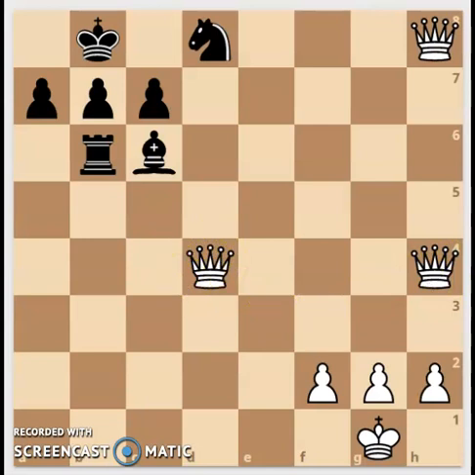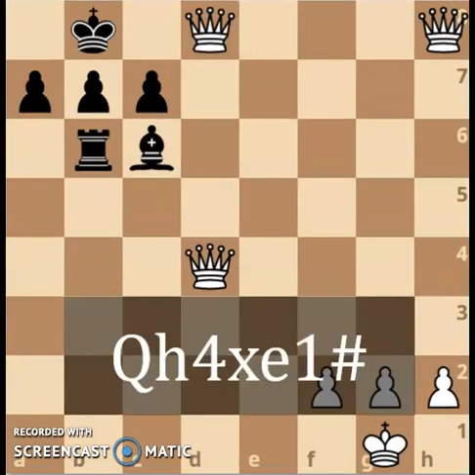So, these are very rare cases in which you need to use both the rank and the file. In this example, we say it as Qh4xe1#. Q for the queen, h4 the place where it was, x for capturing the knight, e1 for the destination, and the hash for the checkmate.